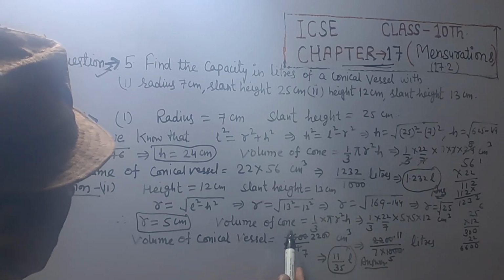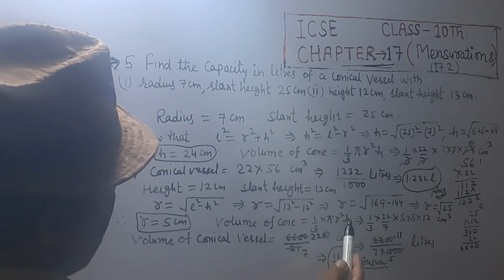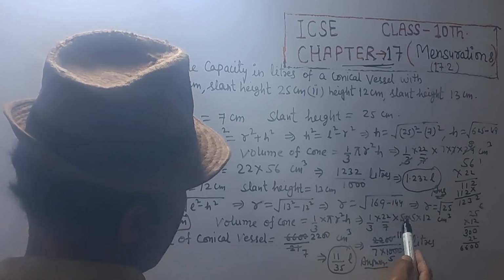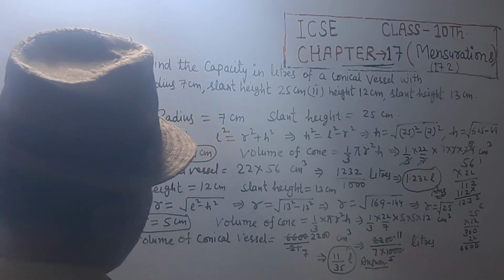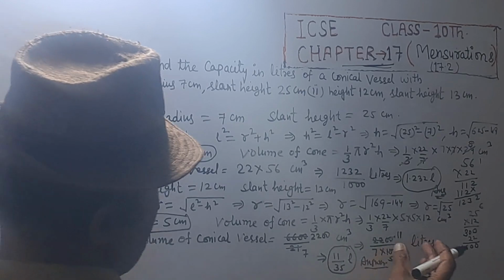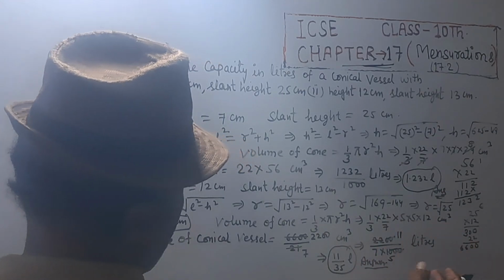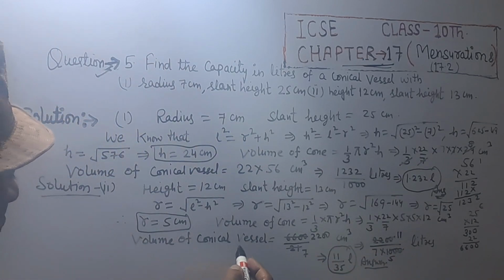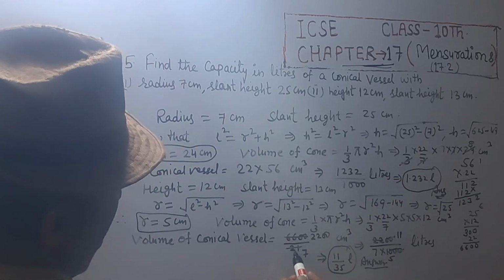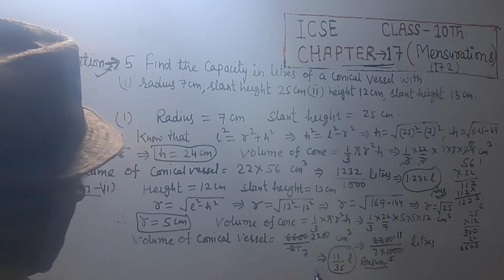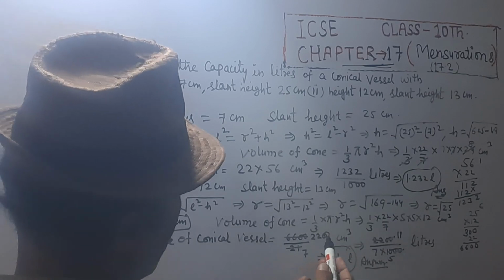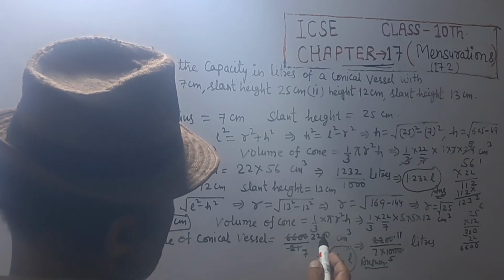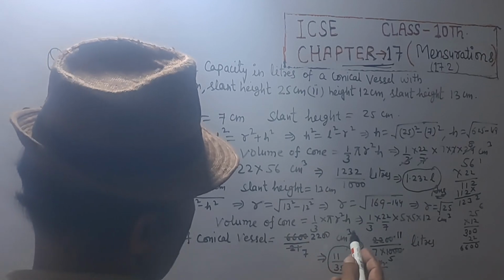So volume of cone equal to 1/3 into pi r square h, which implies 1/3 into 22/7 into 5 into 5 into 12, and their product is equal to 6600. So volume of conical vessel is 6600 upon 21, which is divisible by 3. 7 3s are 21 and 22 3s are 66 and 2 zeros, that is centimeter cube.